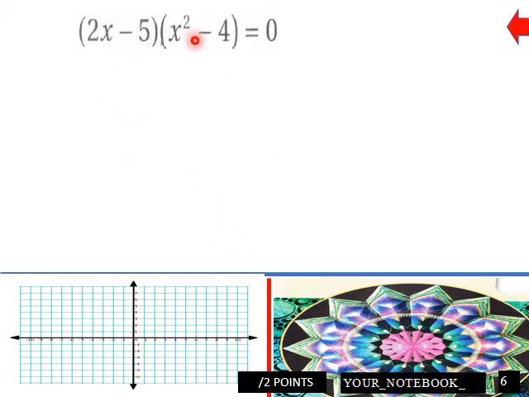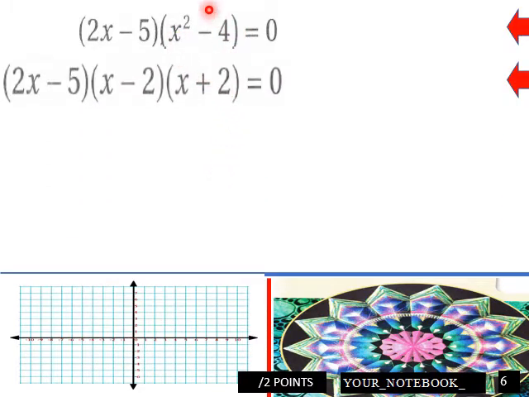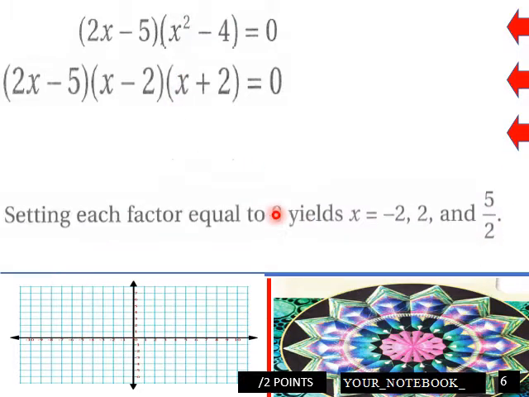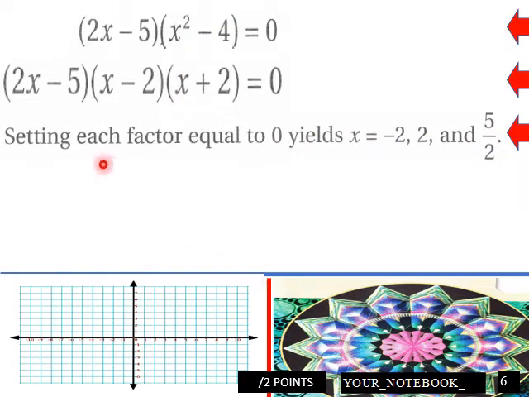So 2x minus 5 times x squared minus 4, and then we factor this down into this here. Setting each factor equal to 0 yields x equals negative 2 for this one, 2 for this one, and 5 over 2 for this one. Those are the zeros.